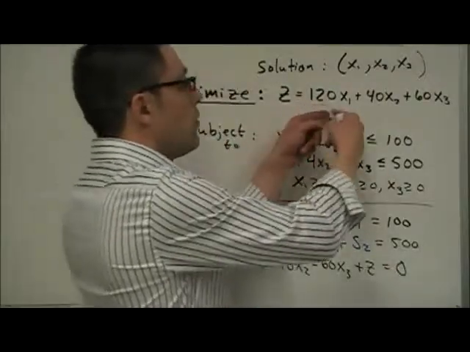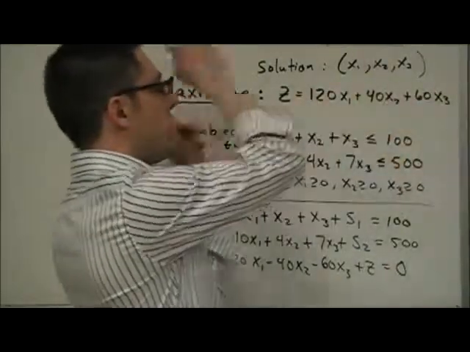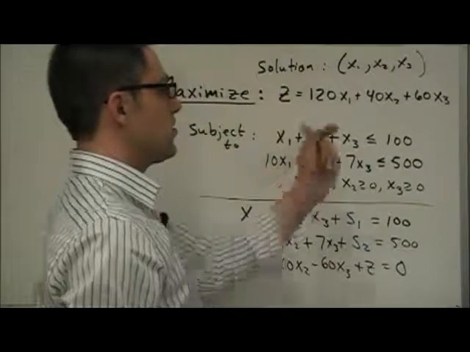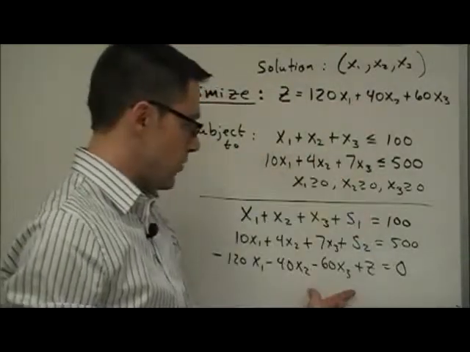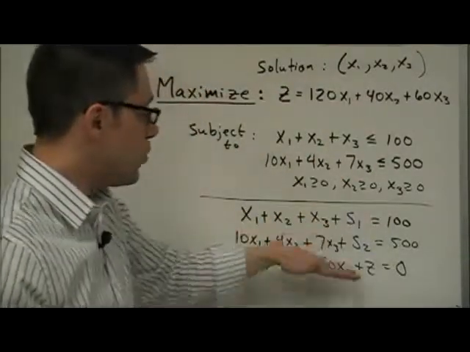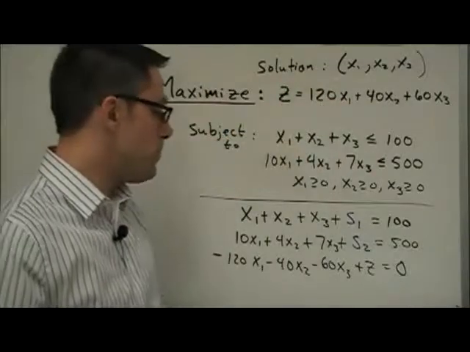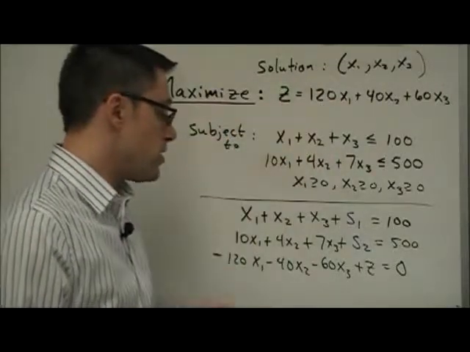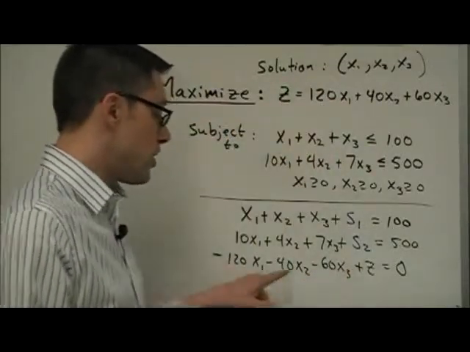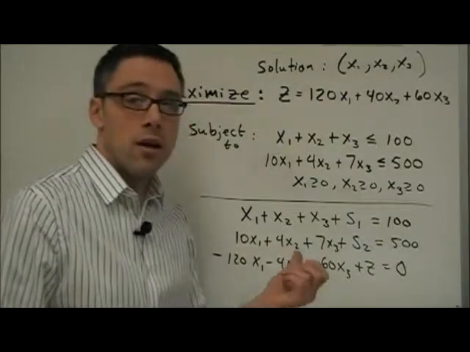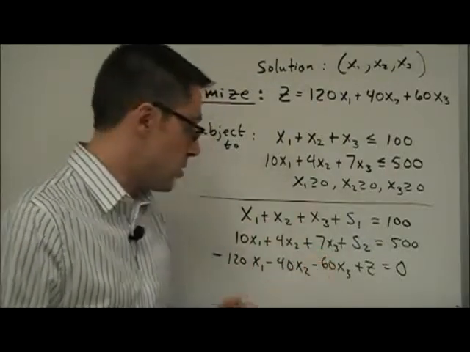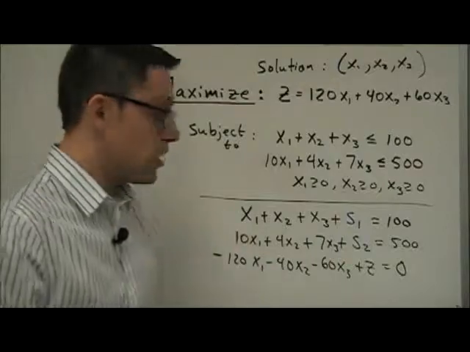I took all of these terms on this side of the equation, brought them to the other side, z is positive, and I'll have a 0 over here. That's what I've written down here. So I've simply rewritten this entire problem and all of the constraints, including the actual objective function, in a different way. They're all equations. So you really have 3 different equations right here.